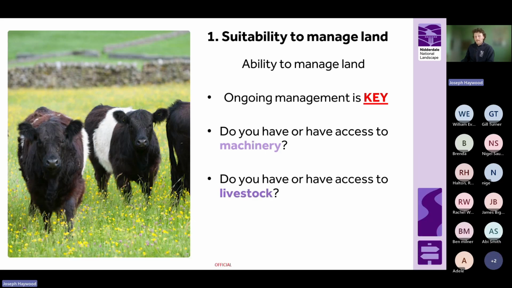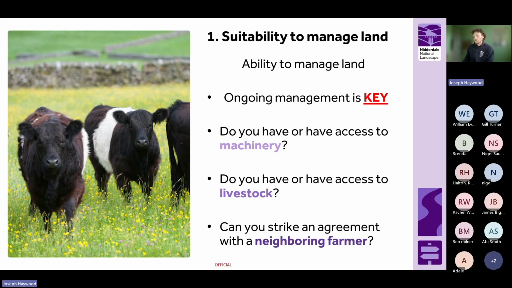Do you have access to livestock? So the aftermath grazing and the intermittent grazing for the rest of the year once the meadow is mown. If you've not got your own livestock, then yeah, you want to strike an agreement with a neighboring farmer. Lots of landowners who I work with have that very relationship. And it's a bit of a you scratch my back, I'll scratch yours.